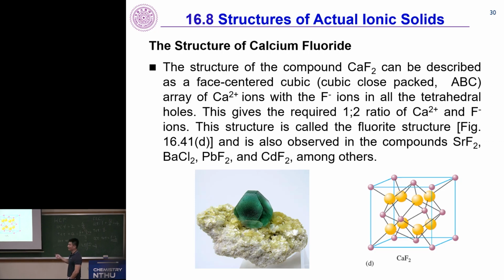Zinc sulfide 是1:1嘛，所以只能 occupy 4个。那现在 calcium fluoride 是1:2，所以我可以把8个都填满。那8个都填满就是什么？就是一个 simple cubic。那这个结构有个名字哦，它非常非常的 famous。为什么？因为你发现很多的 fluoride compound 都是这样：strontium fluoride、barium chloride、lead fluoride、cadmium fluoride。A bunch of fluoride compounds crystallize in this ionic compound in these layers.